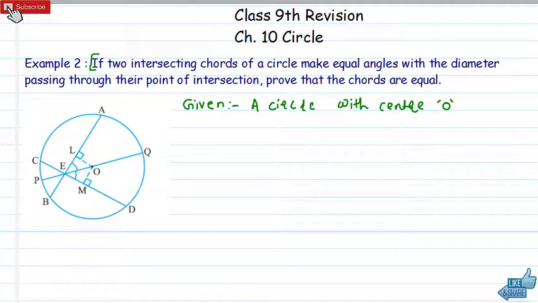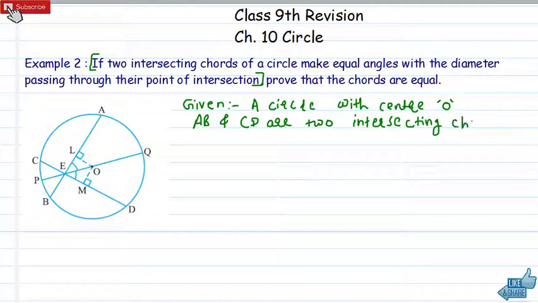The next part given is AB and CD are two intersecting chords at point E. So these are intersecting chords at point E. Now one more thing is given.